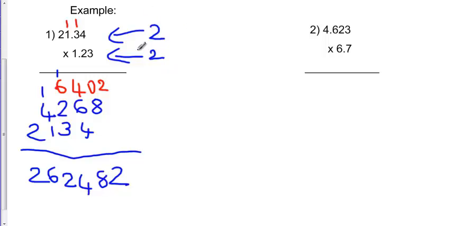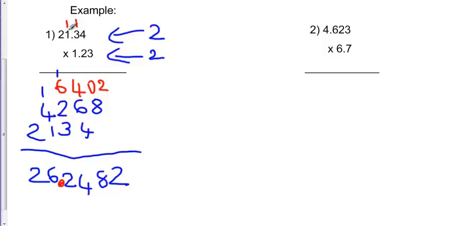This gives me a sum of 4 digits after the decimal in both my numbers. So where I would place the decimal is count from the right, 1, 2, 3, 4, and right there goes the decimal, 26.2482.